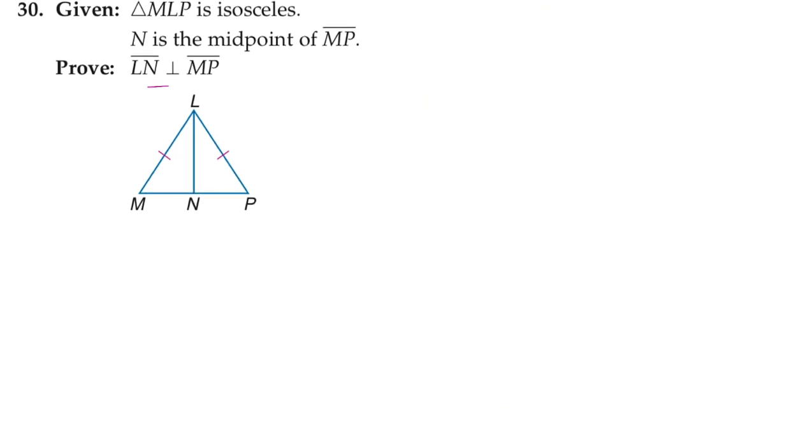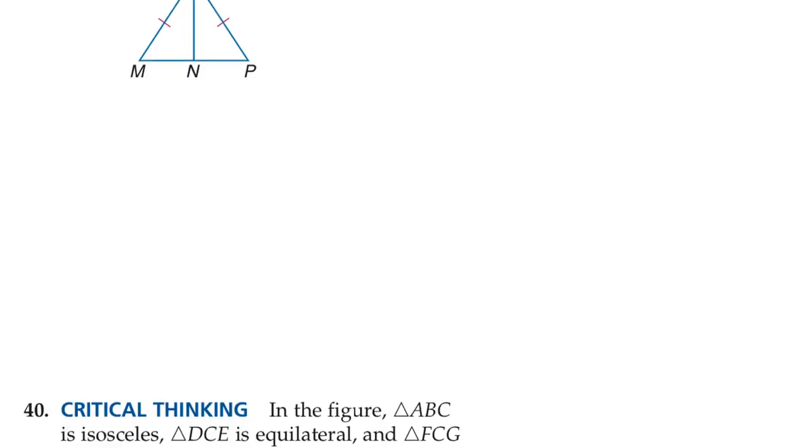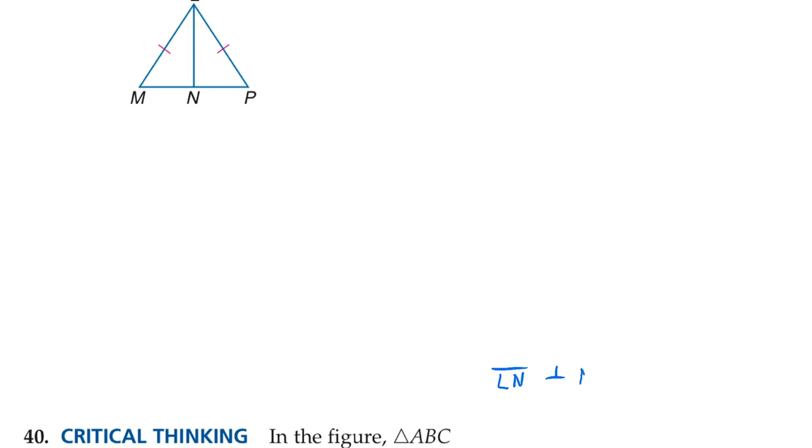But if we want to show these are perpendicular, what does it mean to be perpendicular? So let's go down and add the last step first, okay? So LN is perpendicular to MP. And how do we get that two things are perpendicular? Again, that's a word. So we get that by the definition of perpendicular lines. And how do we get that things are perpendicular?